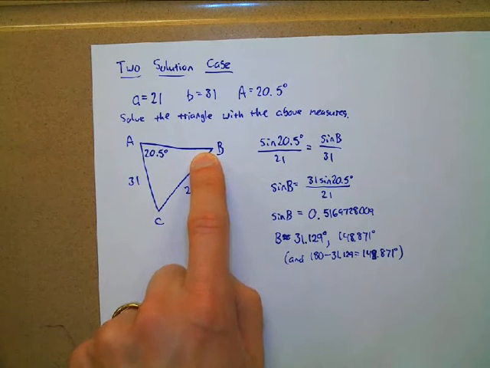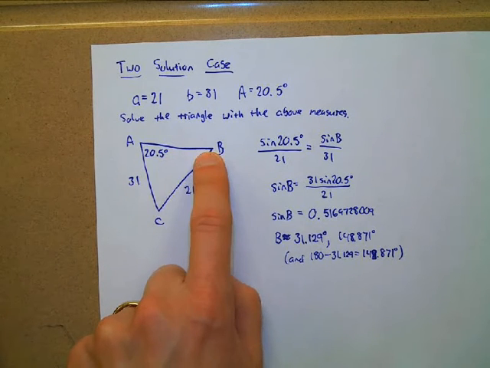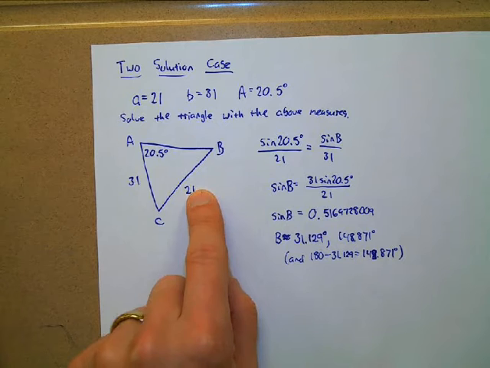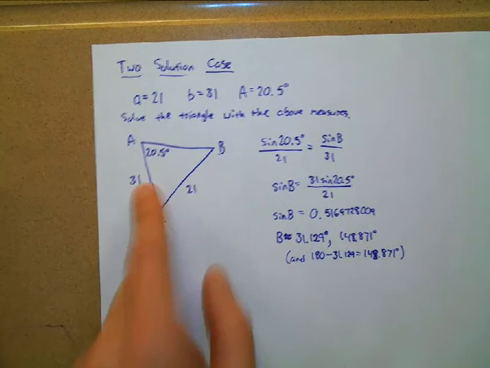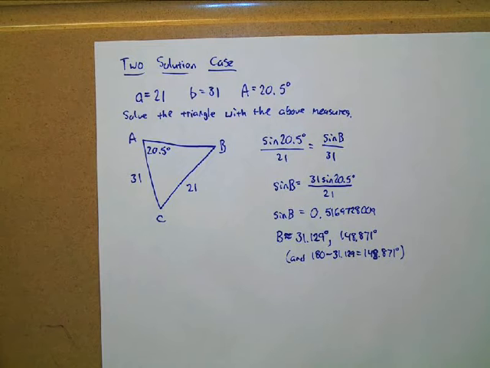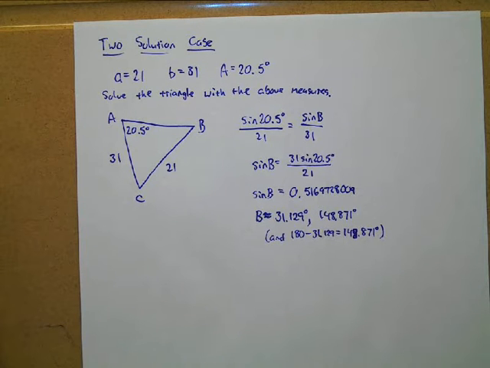So why didn't we check that in the first case? Well, technically I should have. If I go back to the one solution case, when we did angle B, I should have also checked whether 180 minus 21.406, which is 158.594, would work here.